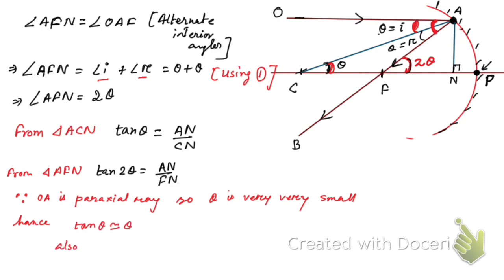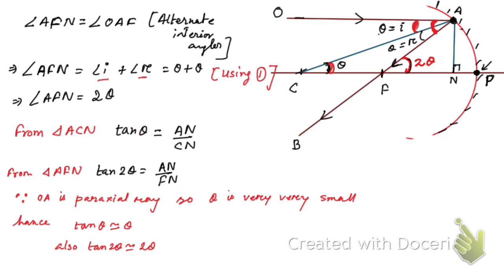Also tan 2 theta is approximately equal to 2 theta. So from this equation, if we use these two values, then we're going to get theta is equal to AN by CN and 2 theta is equal to AN by FN.